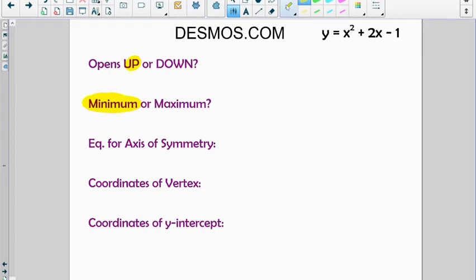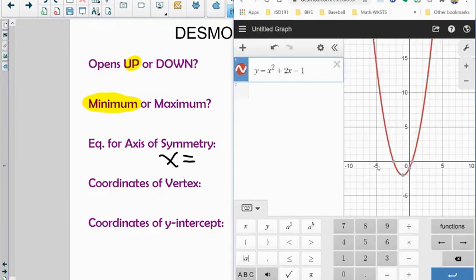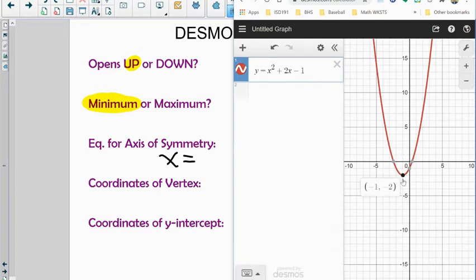Now for the equation for the axis of symmetry, as a reminder, it is going to be x equals some number, wherever it crosses the x-axis. So let's go back to our graph. It's not going to give us our dotted line like we had on the last page, but we can see the vertex is at (-1, -2).